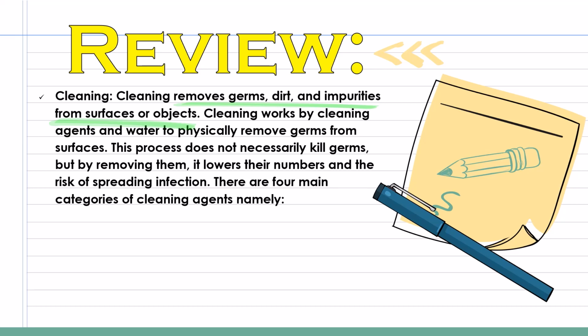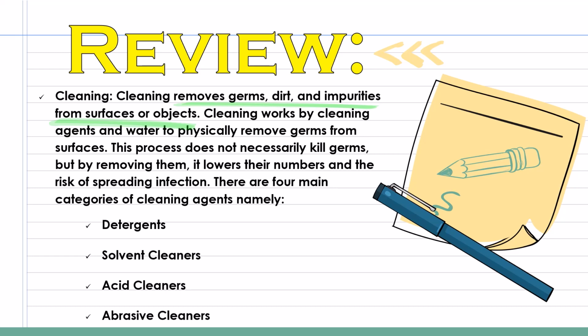This process does not necessarily kill germs, but by removing them, it lowers their numbers and the risk of spreading infection. There are four main categories of cleaning agents, namely detergents, solvent cleaners, acid cleaners, and abrasive cleaners.